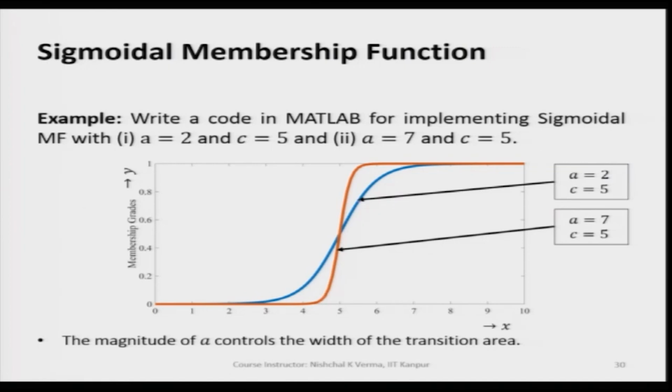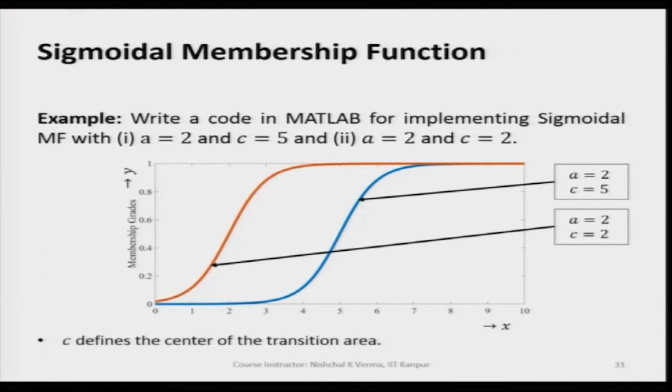This plot is for a equal to 2 and c equal to 5, and this plot is for a equal to 7, c equal to 5. Similarly, we can have other values like this, and we can get other sigmoidal membership functions created.